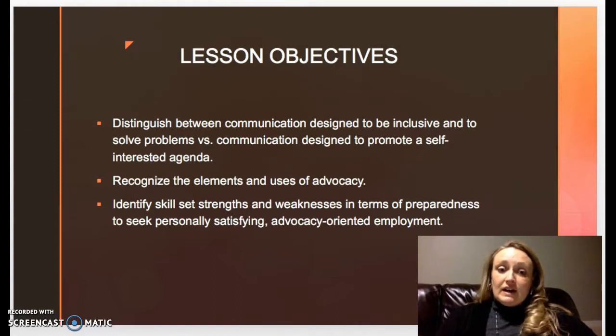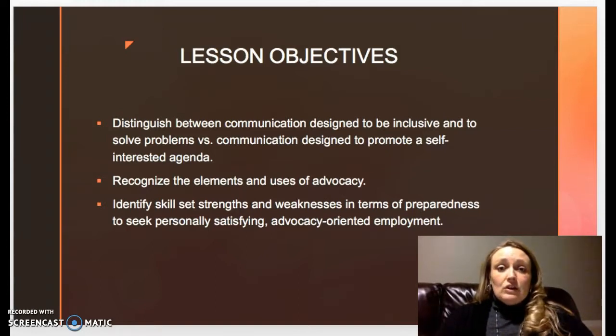And third is to identify skill set strengths and weaknesses in terms of preparedness to seek personally satisfying, advocacy-oriented employment. Now, regardless of what profession you are going to go into, or if you're going to be a stay-at-home mom, what really matters is that whatever profession you choose, you are going to be advocating for, whether it's customers, public service, employees, if you're in human resources, whatever it might be, you will be an advocate.